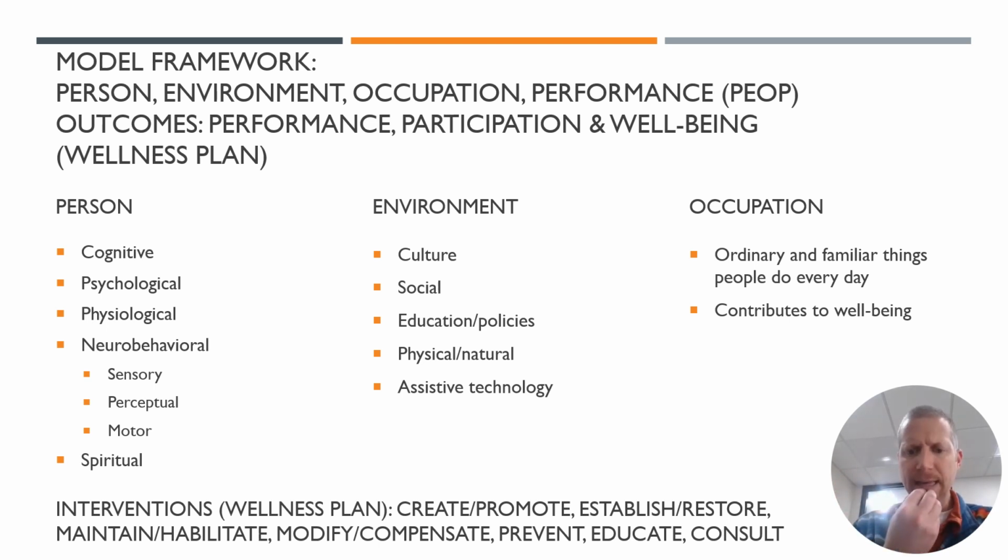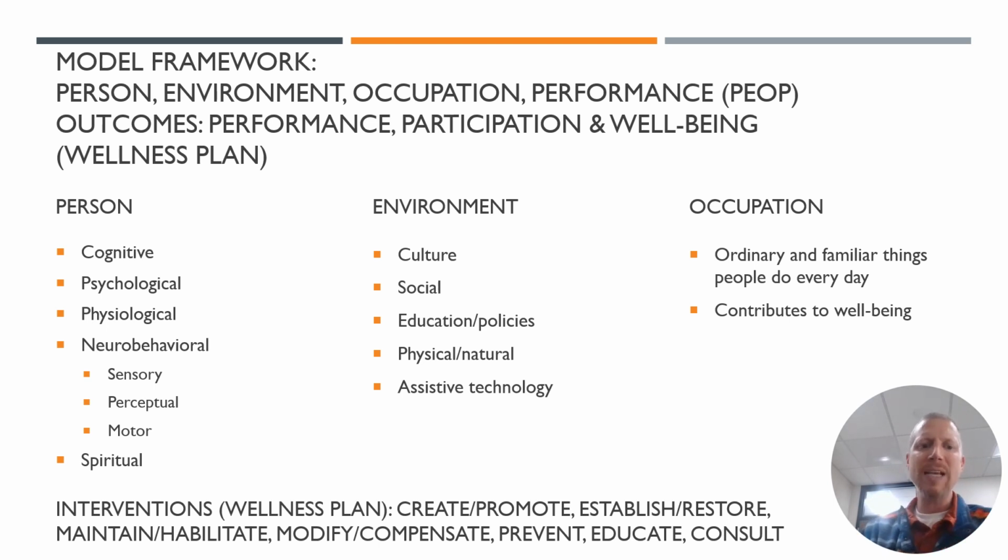And so when I look at this model, the reason why it sticks out to me for this particular assignment is the outcomes. Okay, so person, environment, occupation, participation. When using this model, the one thing that we want to use it for is to increase well-being, right? To increase wellness. Well, you're coming up with a wellness plan.